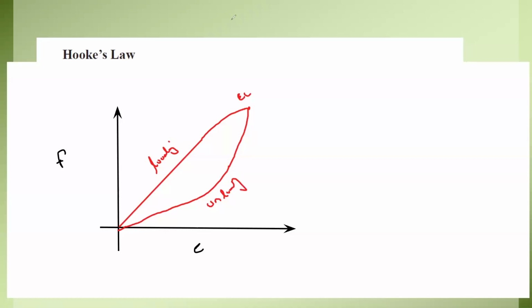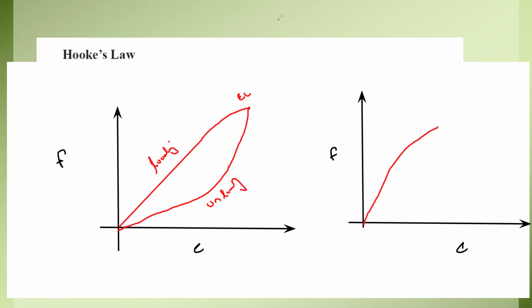But what if we cross the elastic limit? It means the spring will deform. The extension will not be zero when there is no load attached. So this is the elastic limit and we cross it.